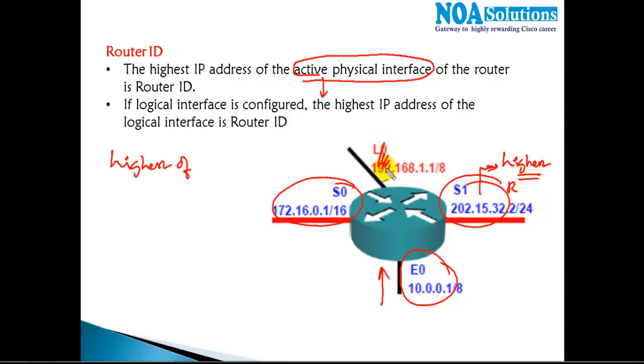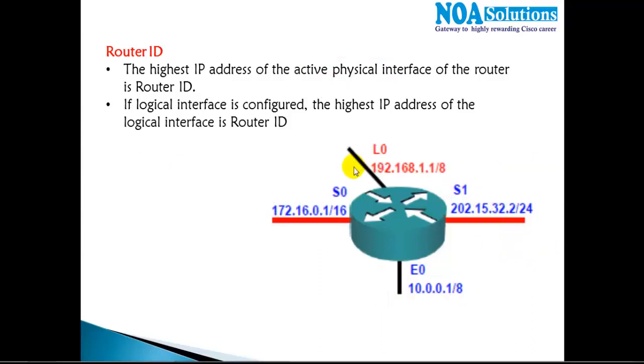Assume that this interface is not there. Then it's going to take the highest IP of the remaining interfaces, which means this will be the router ID. That's the default selection process the router is going to follow. But in case there is a logical interface configured, like the loopback interface we can create, we can just go to interface loopback 0, loopback 1, loopback 2, like that.